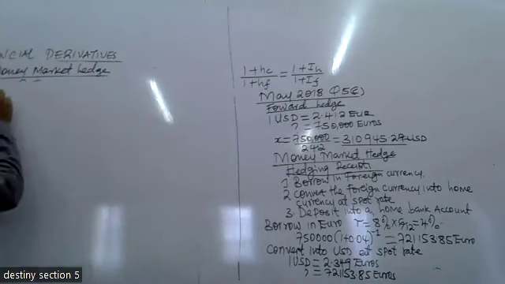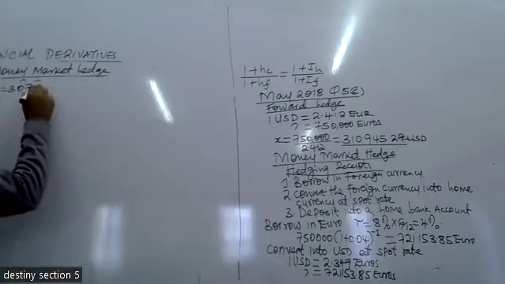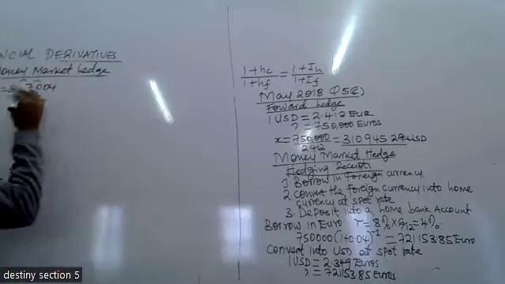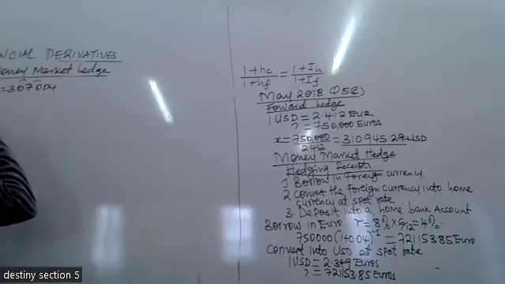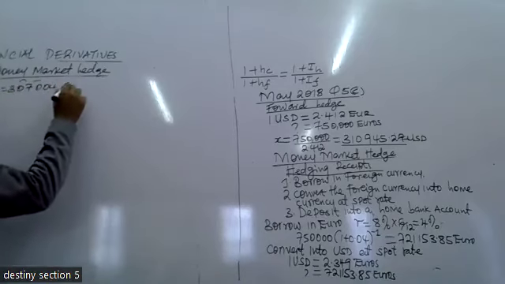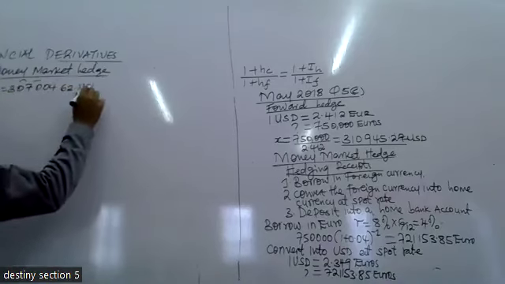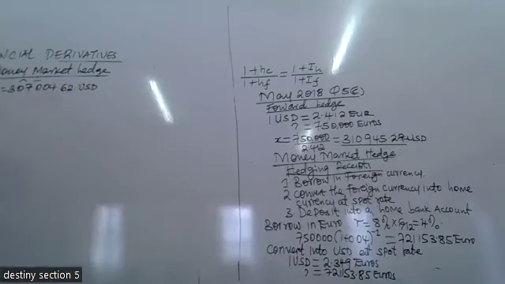So our forward amount is 307,004.62 USD, right?